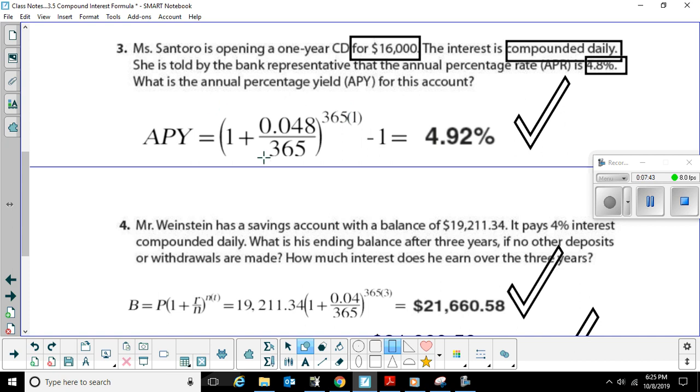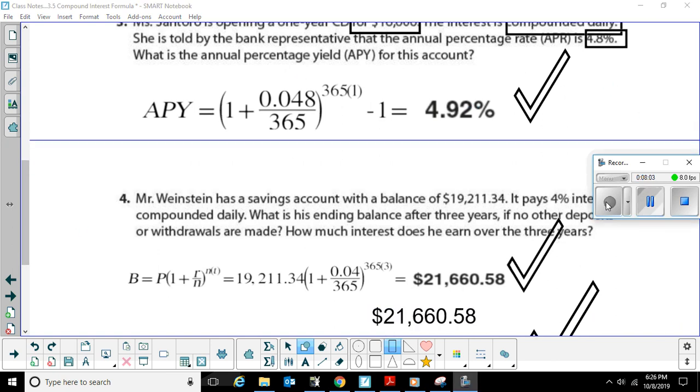We crunch our numbers, subtract 1, and we see that we should have 0.04 something, multiplied by 100, so that's 4.92% annual. As I was saying, this 4.92% is our annual percent yield.